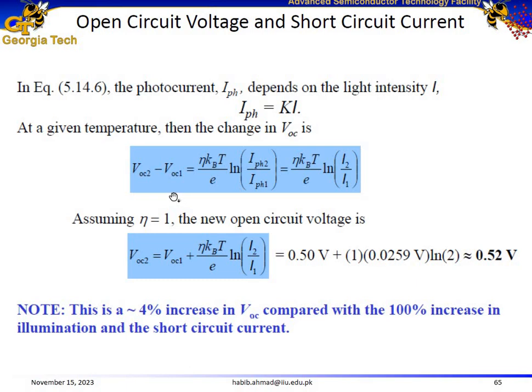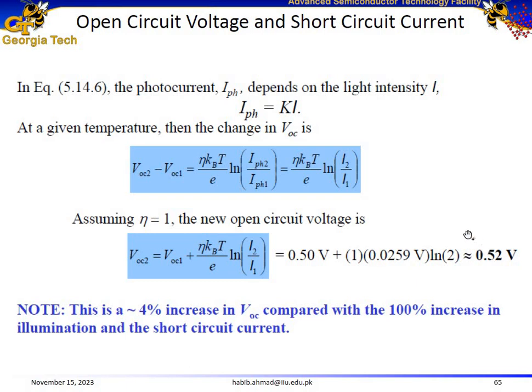And then subtract the two from each other, reorganize the equation, we get to this form. And then move VOC1 to the right side of this equation. So VOC2 is equal to VOC1 plus this factor, natural log of intensity 2 divided by intensity 1. 0.5 plus, after some calculations, VOC2 comes out to be 0.52 volts.